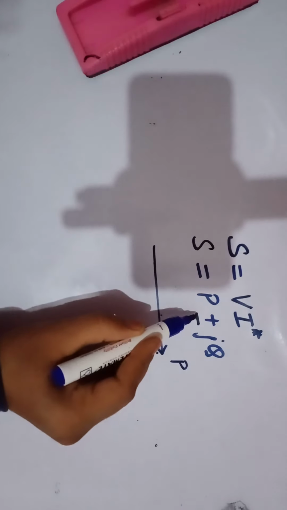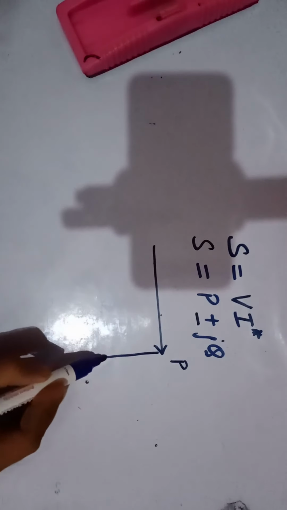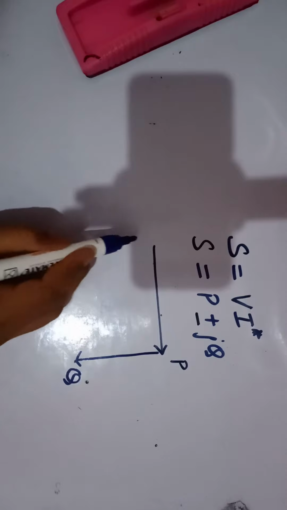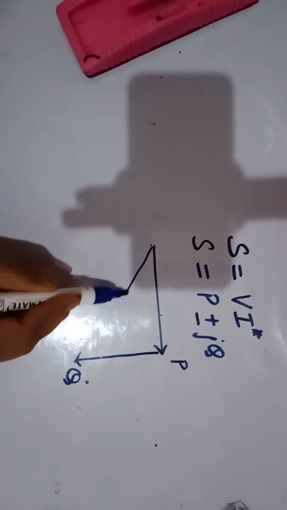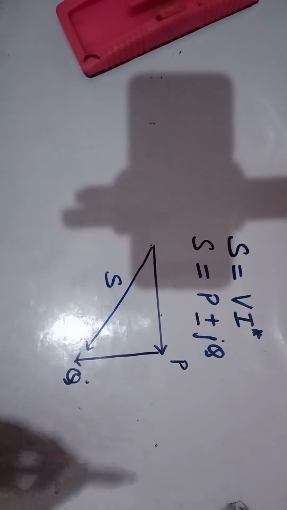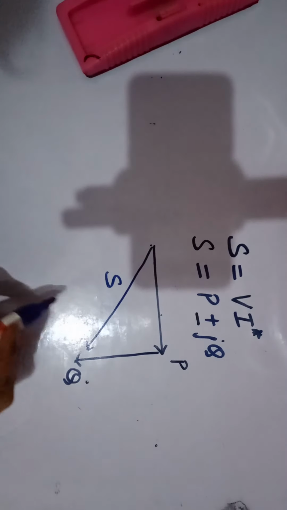So if I am plotting Q, it will be like this. This is my Q, right? And this is the resultant. The resultant is your S. So this is a basic trigonometrical picture which you can understand.